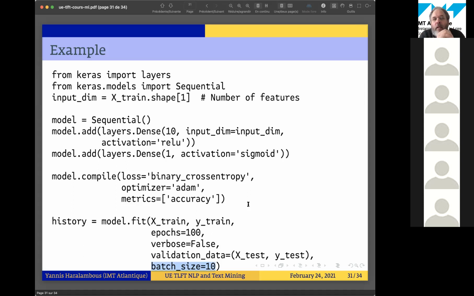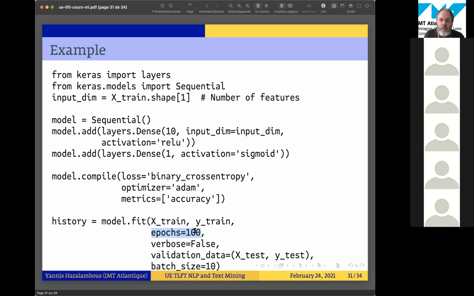Of course, it depends on the number of individuals you have. It should ideally be a reasonable part of your corpus, and it speeds up calculations a lot. And epochs, it's just how many times we will go forwards and backwards.